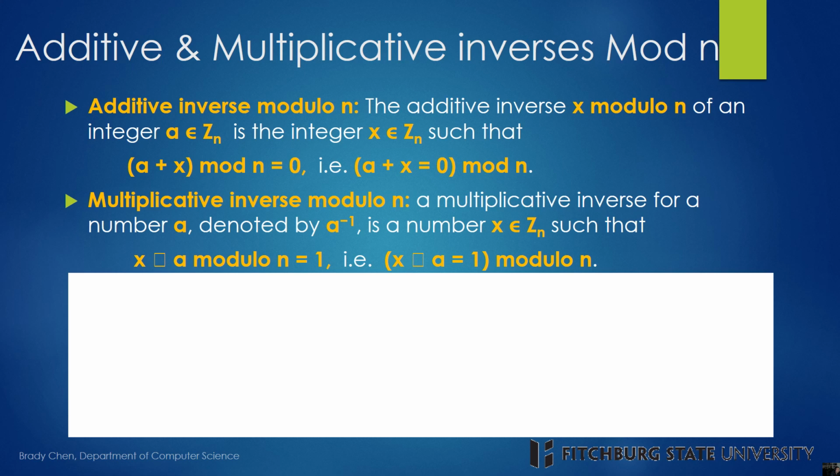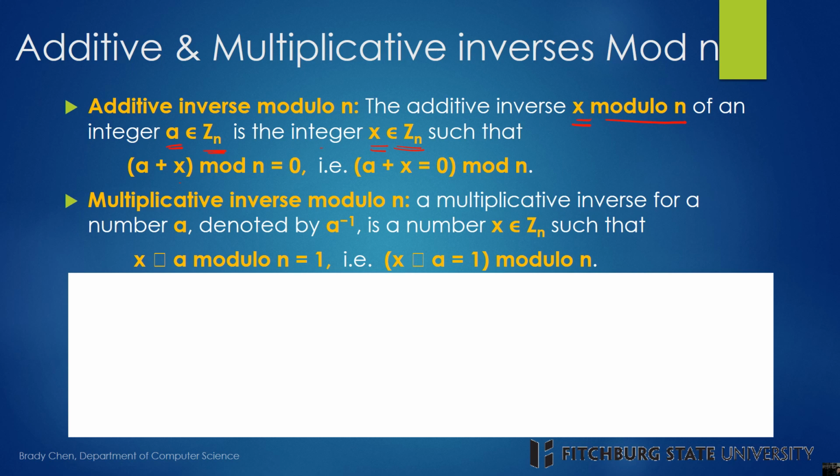The additive inverse x modulo n of an integer a in Zn, remember Zn is the set of integers from 0 to n minus 1, is the integer x, which also belongs to Zn, such that a plus x modulo n is 0, or a plus x and 0 are congruent modulo n.